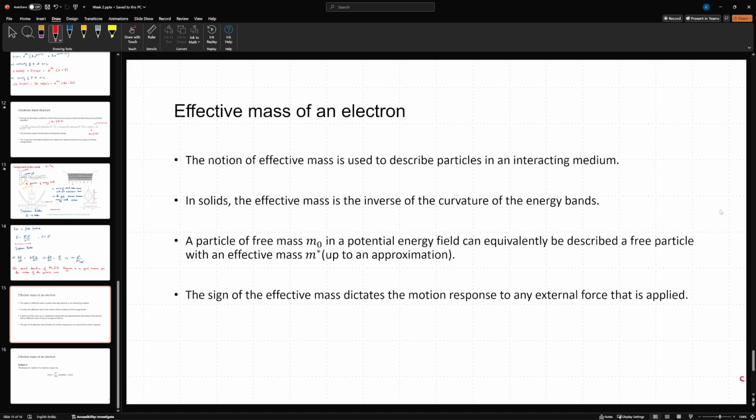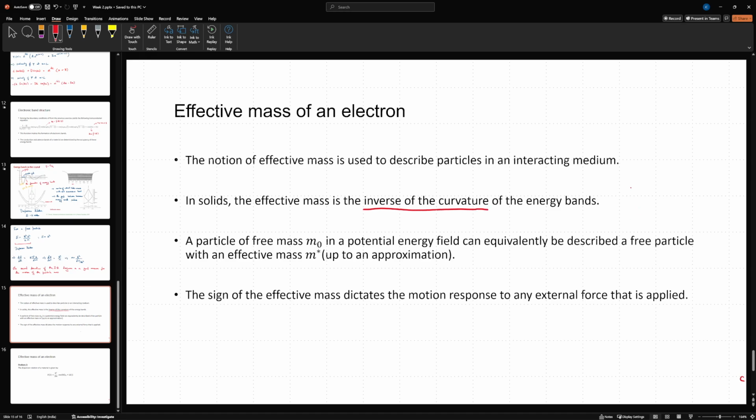By averaging over all the interactions, we get rid of them, and the electron interacting in a solid is equivalent to a completely free particle with the effective mass. In solids, the effective mass is the inverse of the curvature of the energy bands.